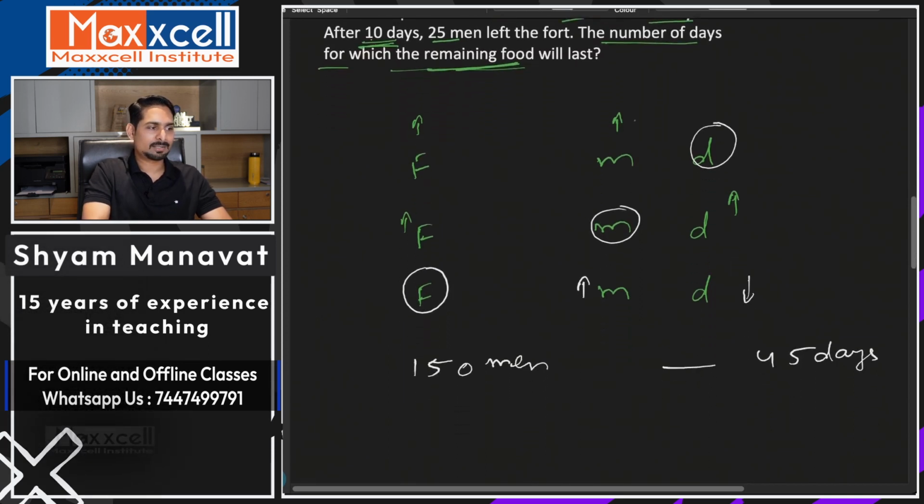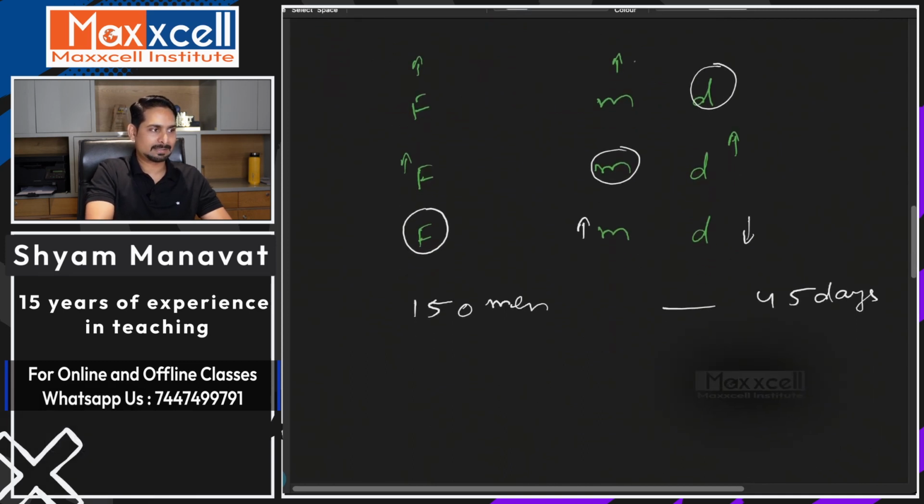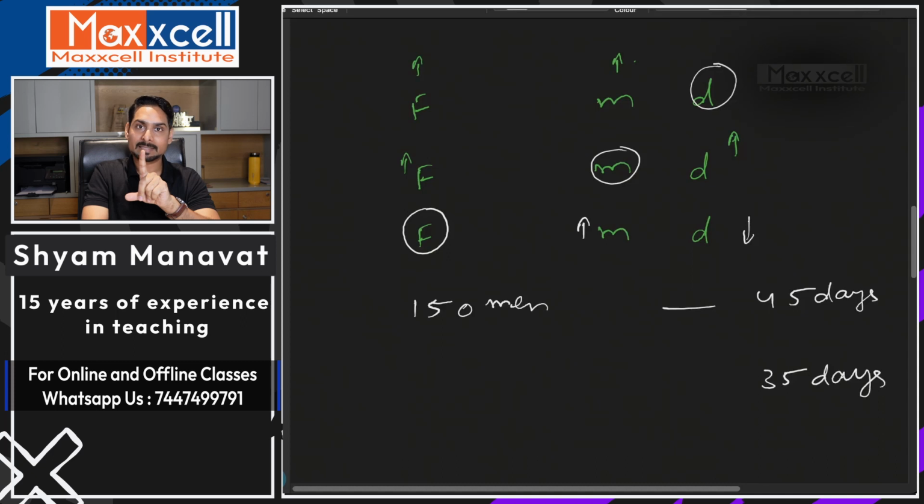So if 10 days are gone, don't read the next condition yet. If 10 days are gone, out of a total of 45 days, then that food will last for how many days? 35 days, if the consumption is constant. Correct. So that food will last for 35 days with the same 150 men.